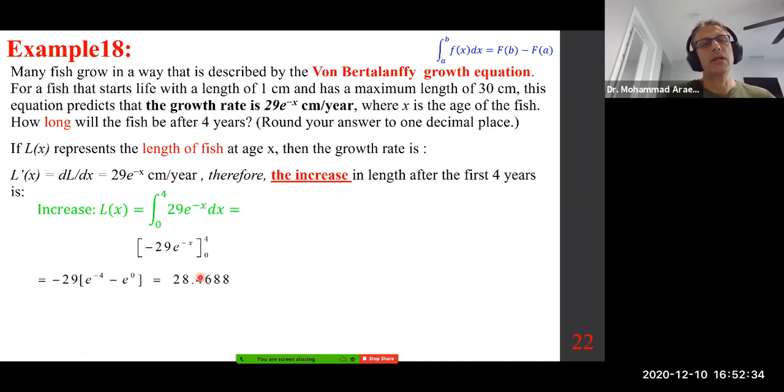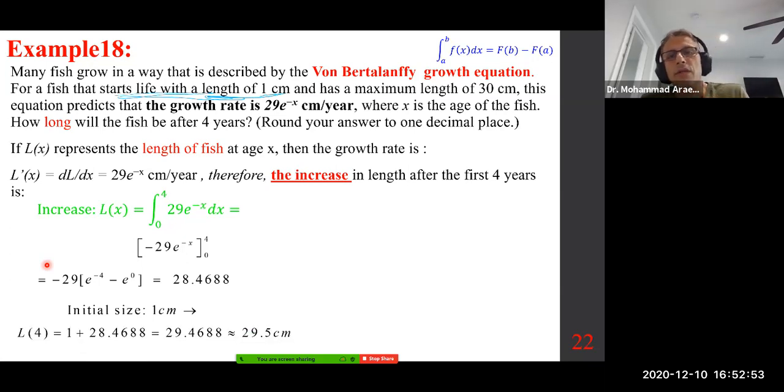This is the amount. Then we look at the fact that it was 1 centimeter to begin with. We just add the 1. Okay, everybody? We add the 1. And that's the answer. And we go with 1 decimal because they are asking for 1 decimal place.